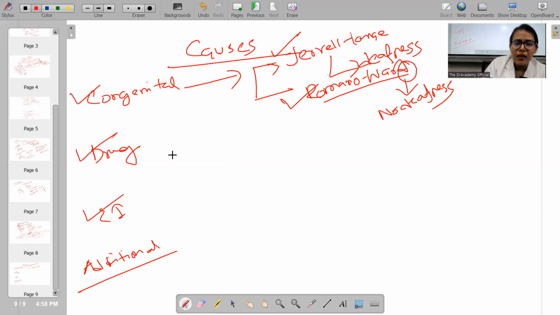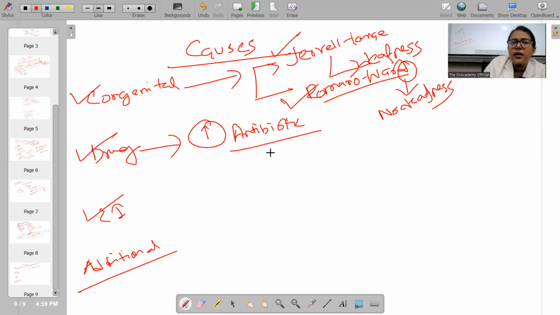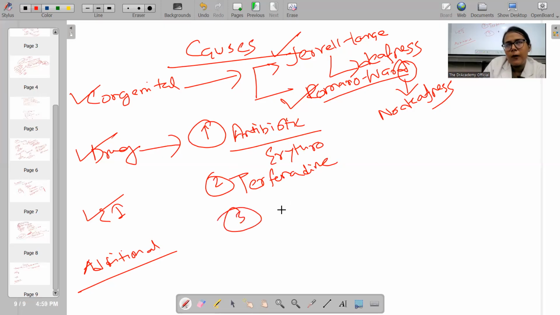And the drug causes. The most common drug would be, first of all, macrolide antibiotics, most importantly erythromycin. Number 2 would be antihistamines, terfenadine. Number 3 would be tricyclic antidepressants or SSRIs. Number 4, antipsychotics can also cause this.